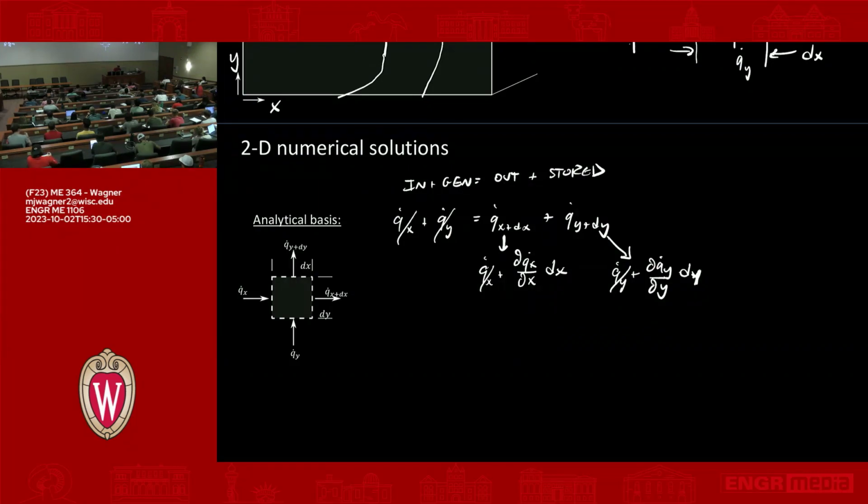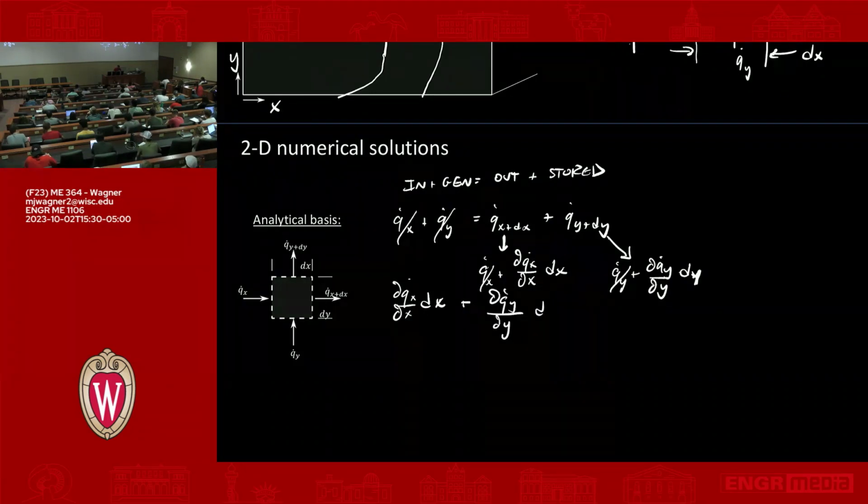So let's write it out. This looks in simplified form just like this, dq dot x dx dx plus dq dot y dy dy equals 0, right? That's our differential equation, partial differential equation in terms of heat flow.